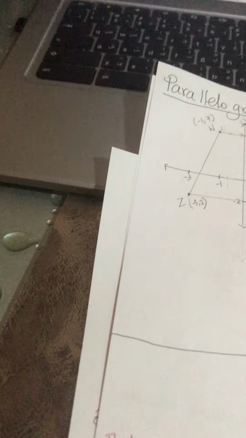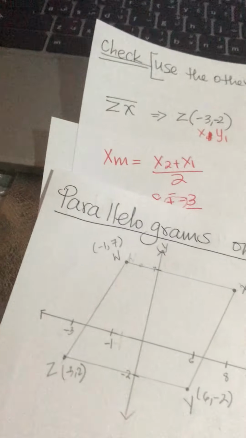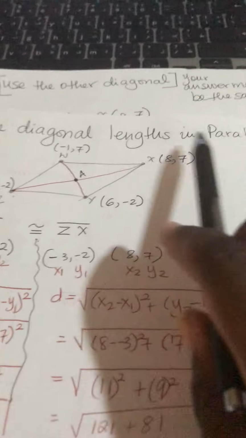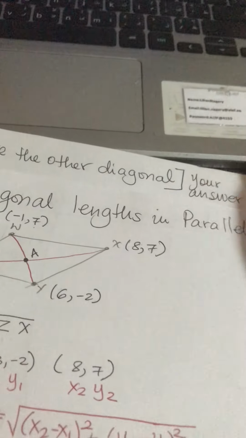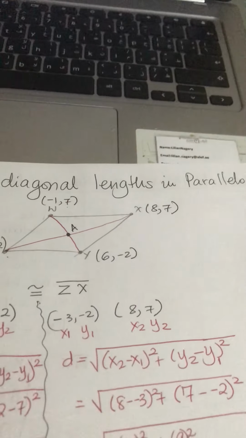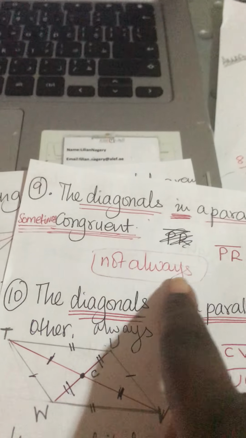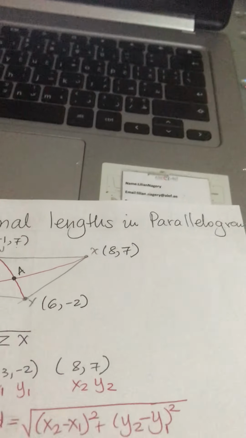The question can also be asked differently. You may be given the same picture and asked: find the diagonal length of the parallelogram. So, remember in the beginning we said sometimes they can be the same. Sometimes they cannot be the same. Okay?